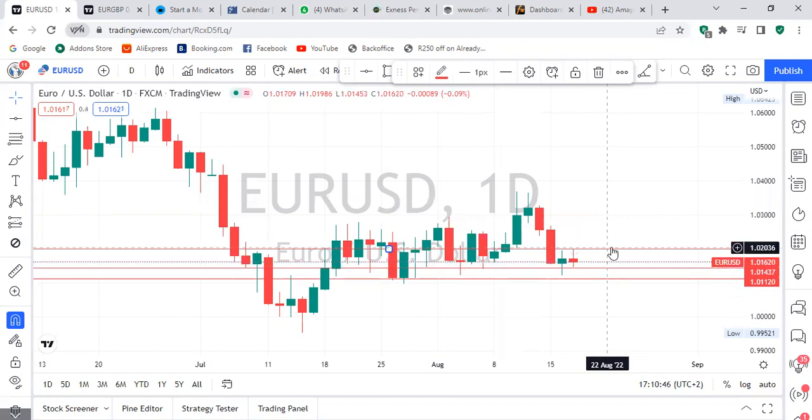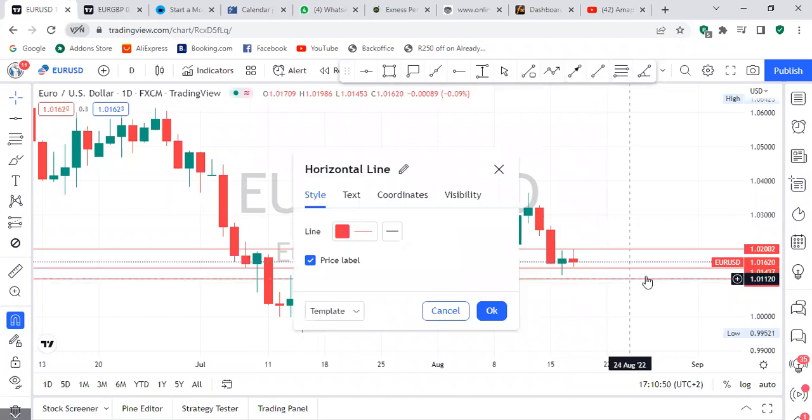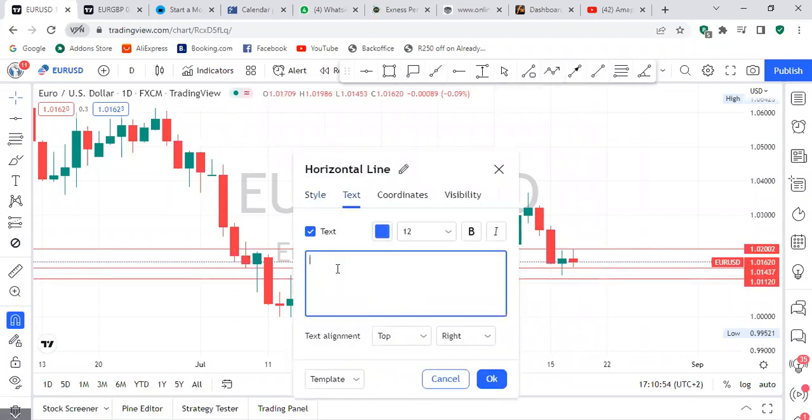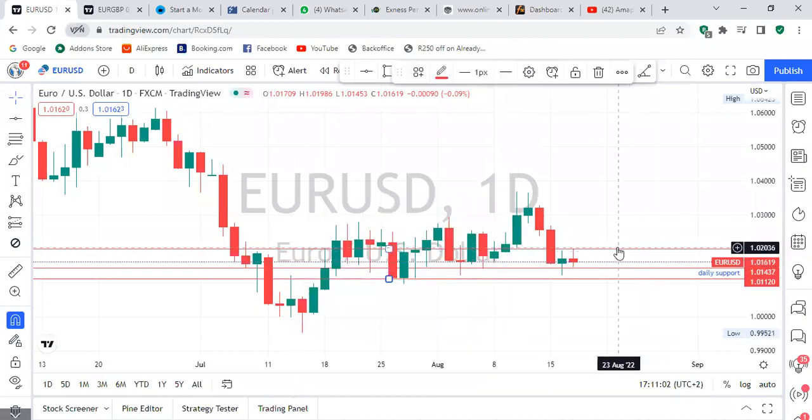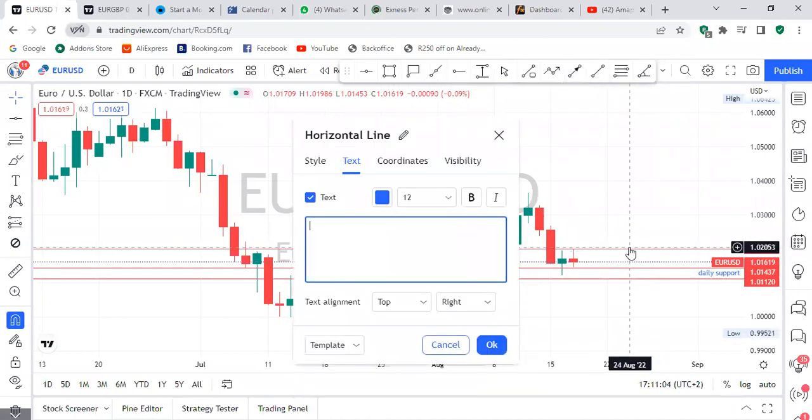This is our daily resistance, right? So I can make it easy for you by simply labeling it for you. That is our daily support. And that is our daily resistance.